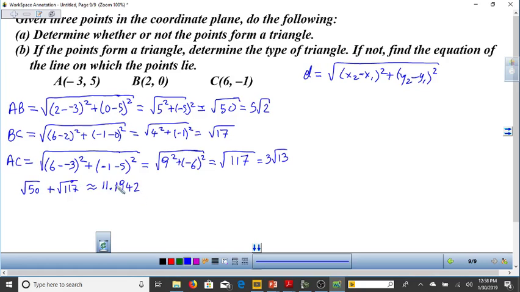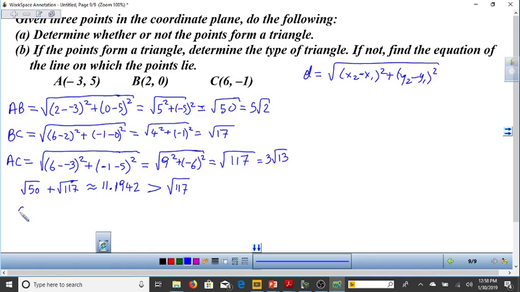And I'll go to multiple decimal places here. But when you do the square root of 117, square root of 117 is 10.81. So this number is greater than the square root of 117. And that means what we're dealing with is a triangle.